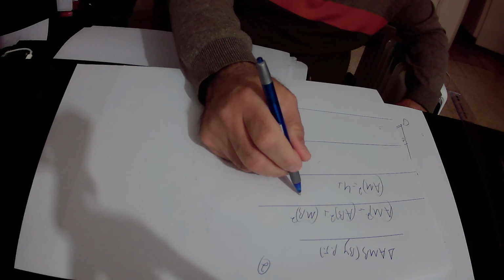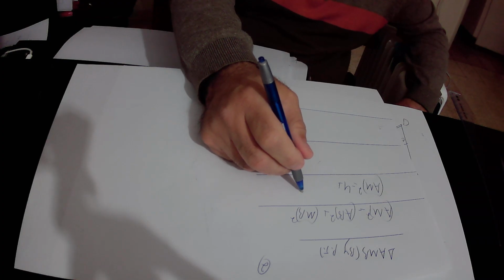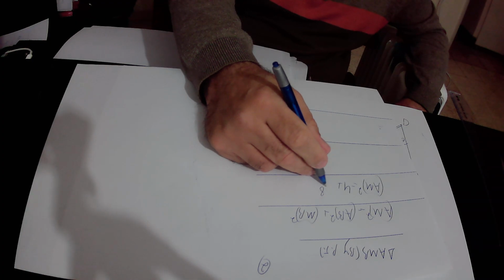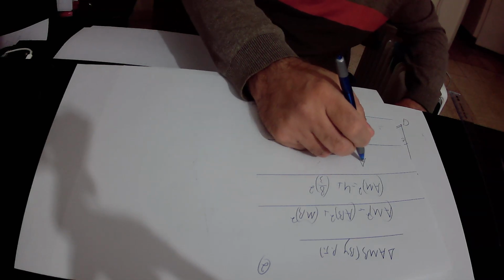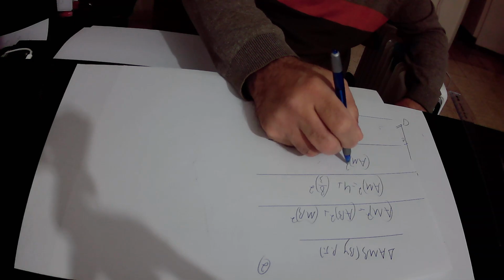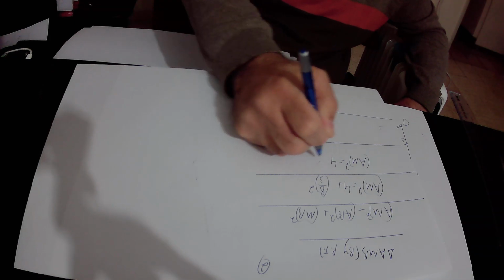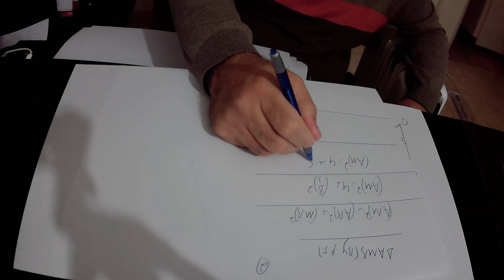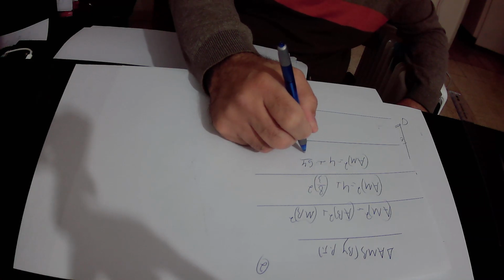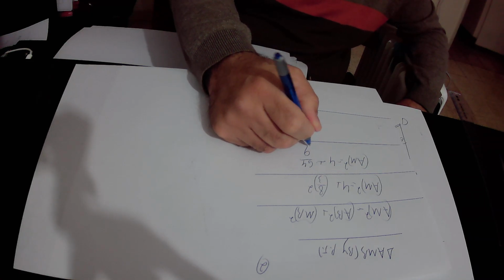We just right now found out that MB equals to 8 over 3, therefore MB squared is 8 over 3 squared. So AM squared equals to 4 plus 8 over 3 squared, it is equal to 8 squared, that is 64, over 3 squared, that is 9.